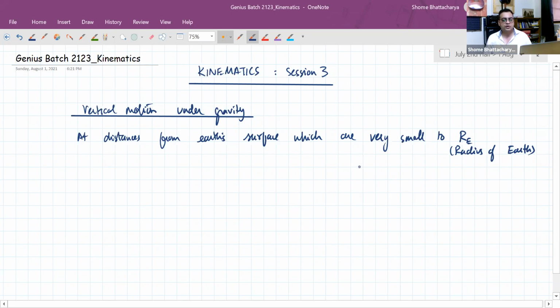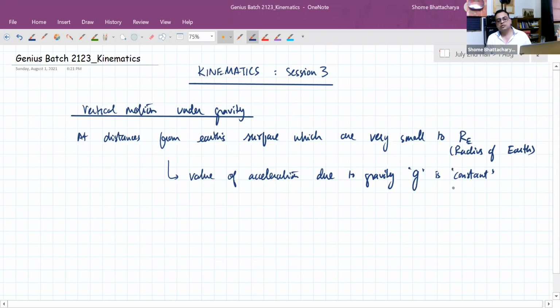It's 1/64. So the value of acceleration due to gravity, which we commonly denote with the symbol small g, is constant. That means it is independent of height, or for that matter, depth also below the surface of the earth.